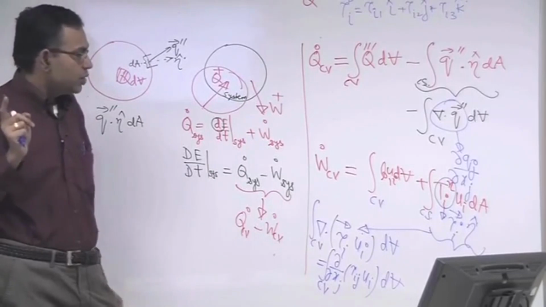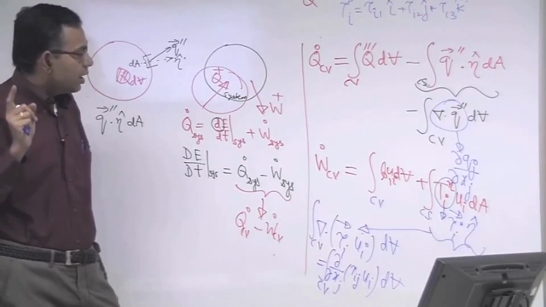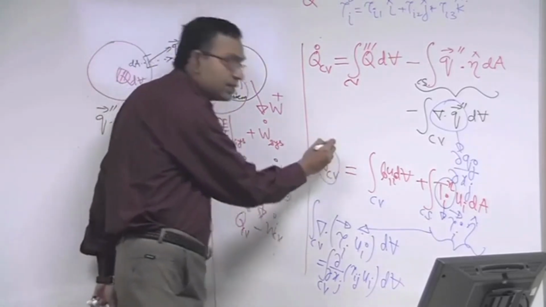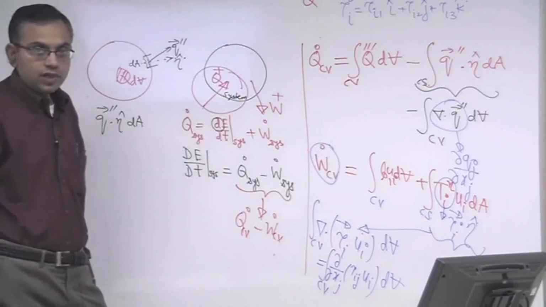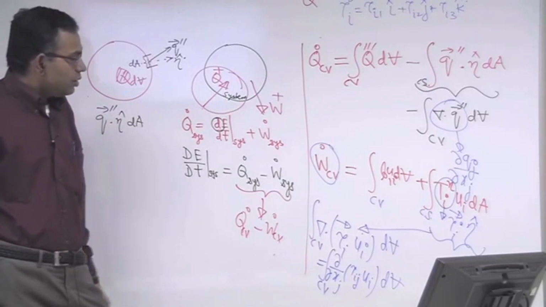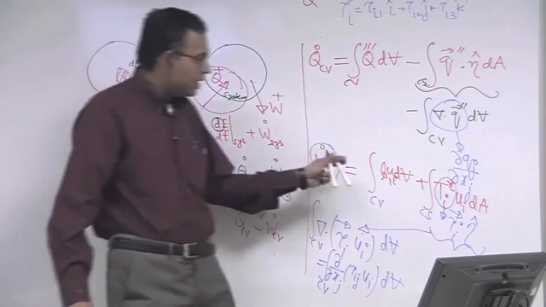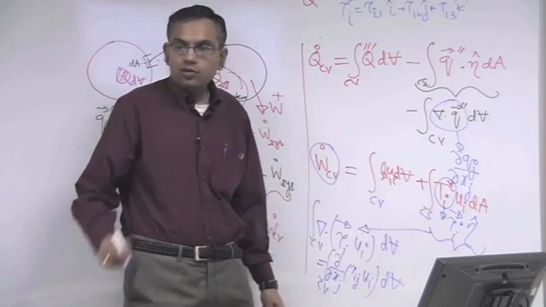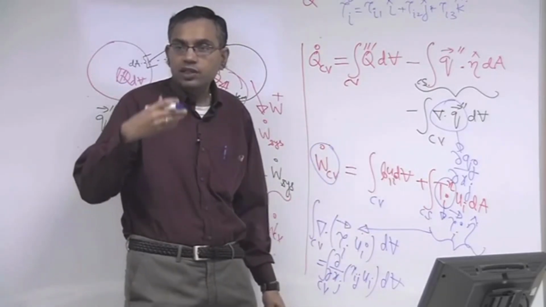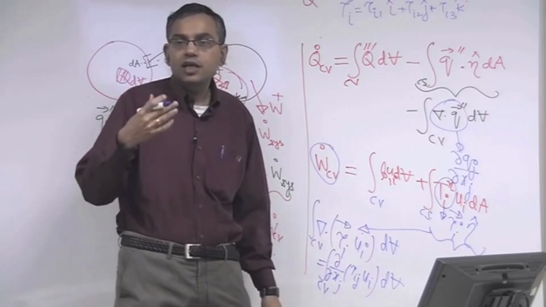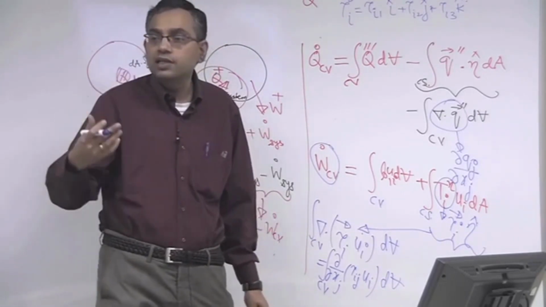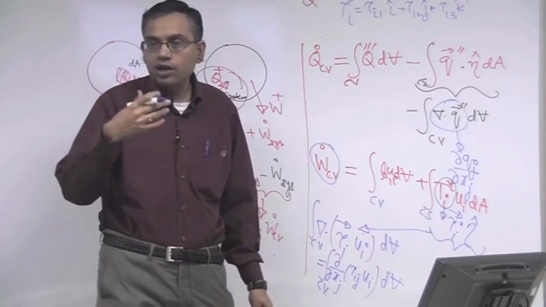Only thing which we have not yet done appropriately is the algebraic sign of this W_CV. So, why is it so? Because here we have considered work done by a force as positive work, but in thermodynamics positive work is done by a system when it does work against a force, that is, it overcomes a resistance. Thermodynamic work is what?